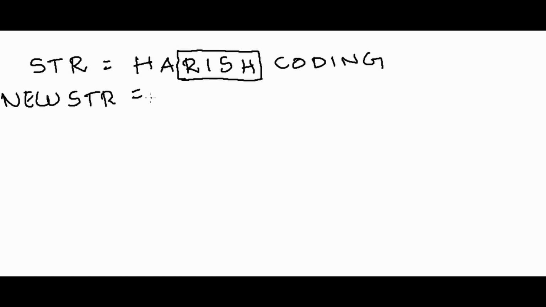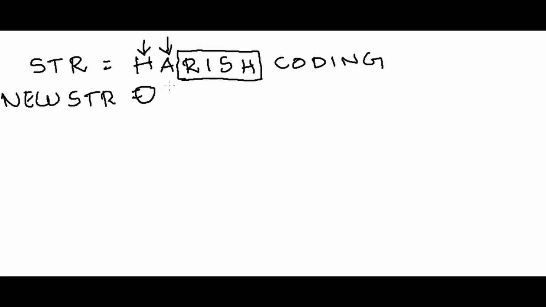According to Java, a string is nothing but a collection of characters. So H is a character and then A is a character. Each and everything is a character, and for every character, there is an index assigned to it. H is the starting character, and the index of the starting character, according to Java, is 0.